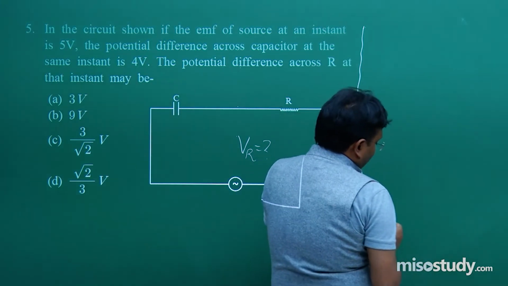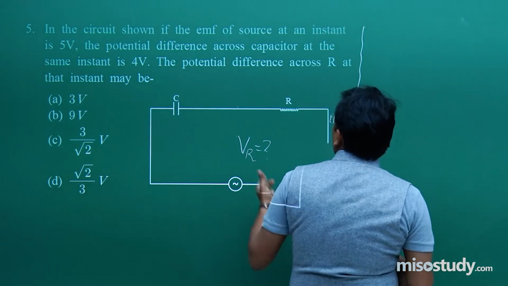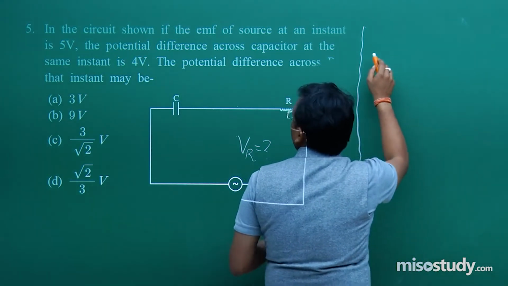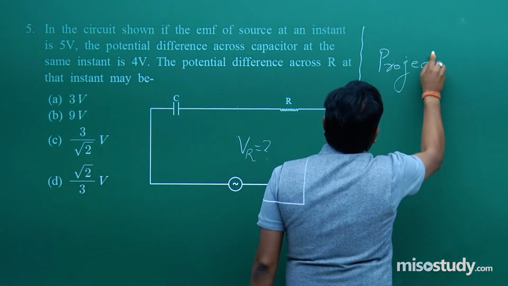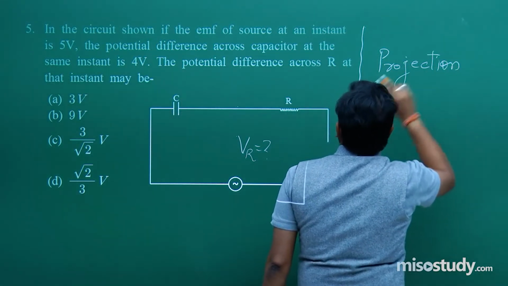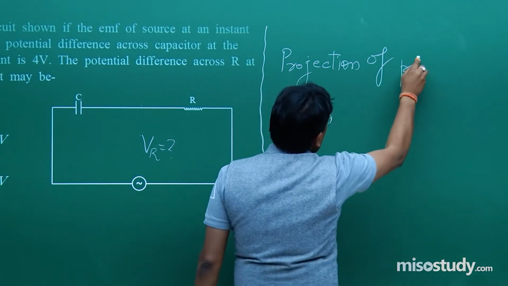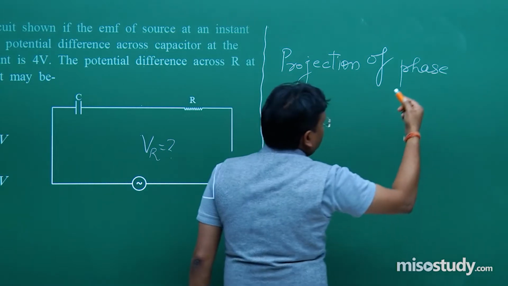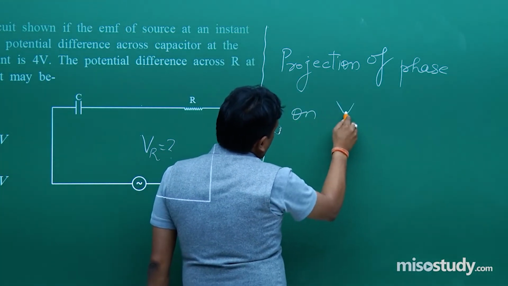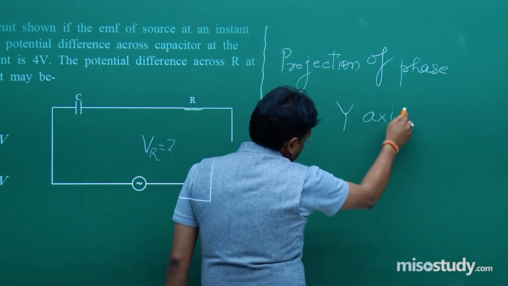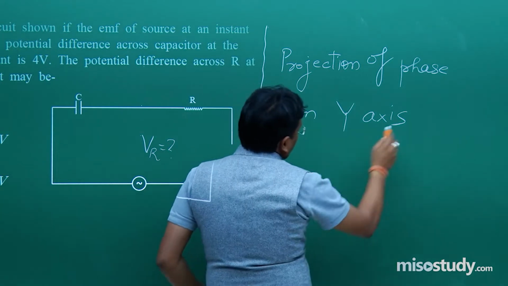Now if we have to find that out, let me mention it: projection of phase on y axis gives instantaneous value.